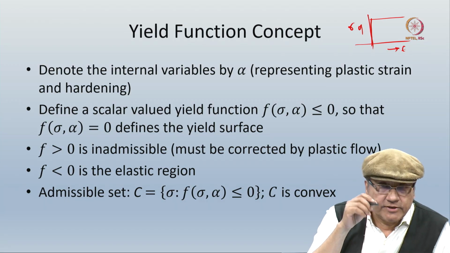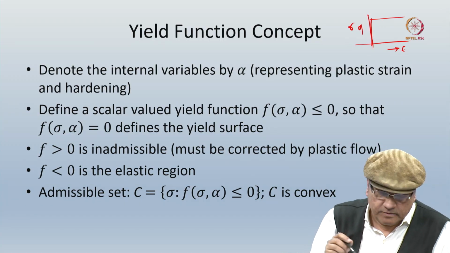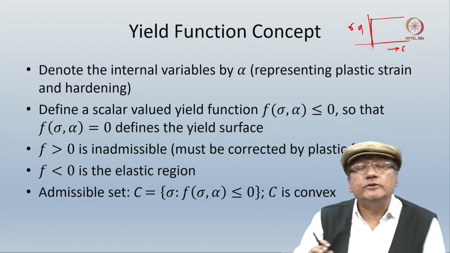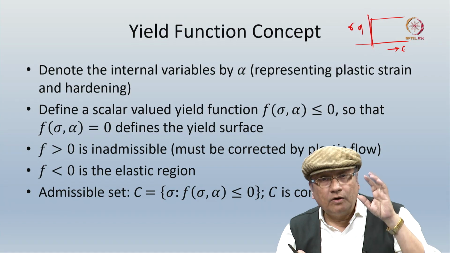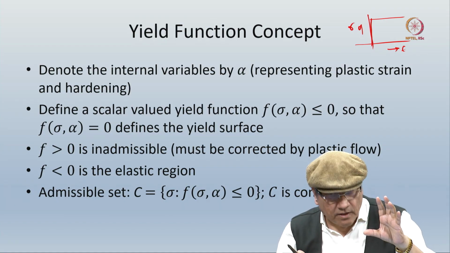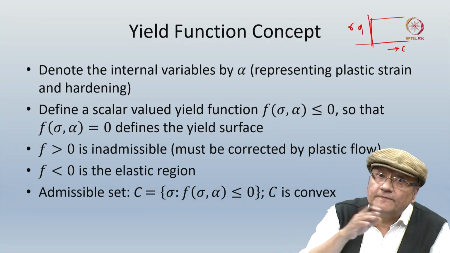Now, the internal variables are still present in the form of something called the plastic strain. We will come to that, but then, to indicate the precise separation of the reversible and irreversible regimes of the response, we need to define a surface.